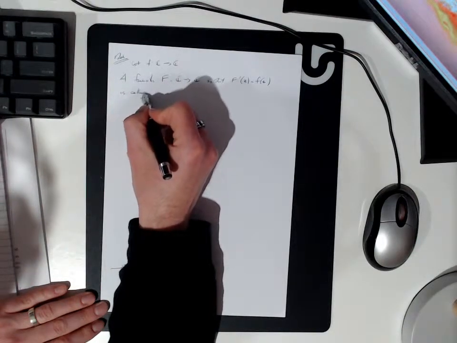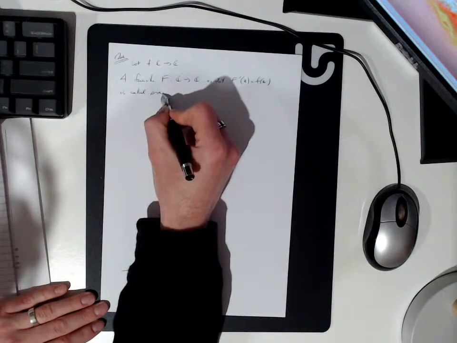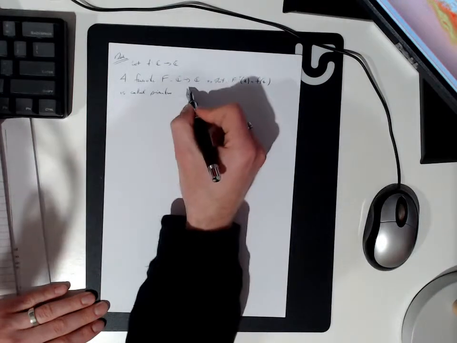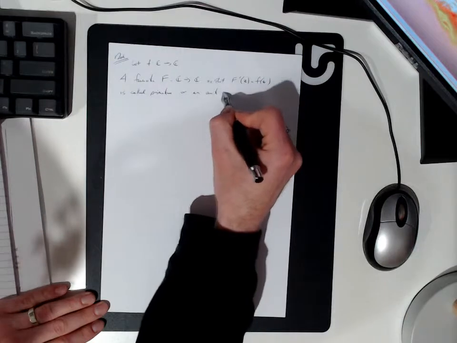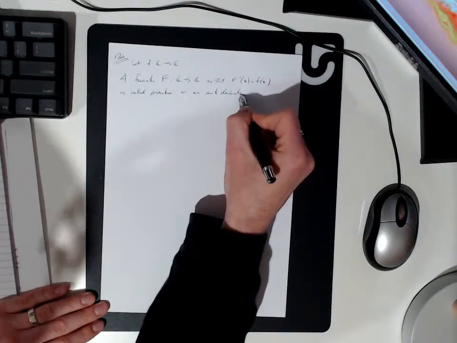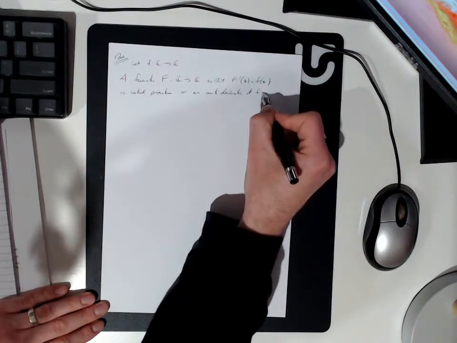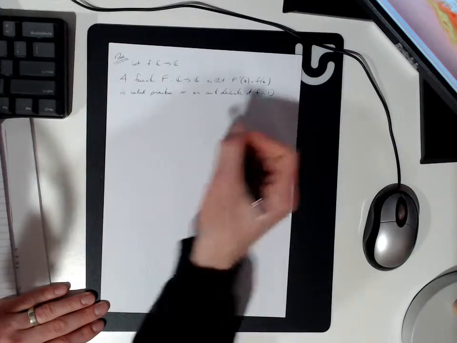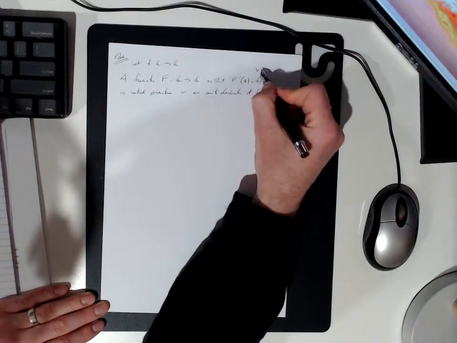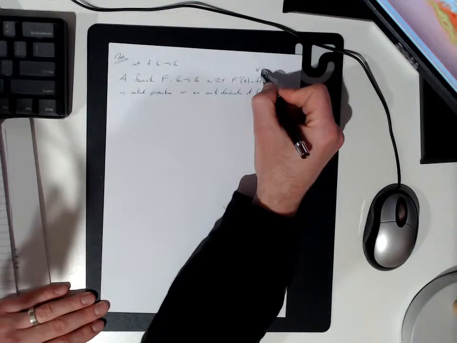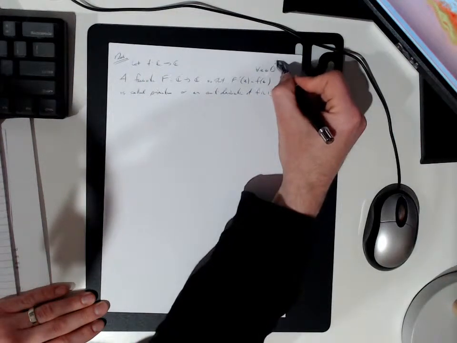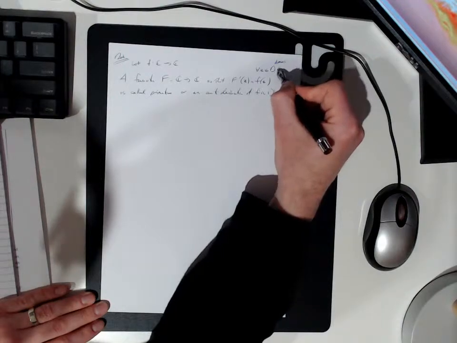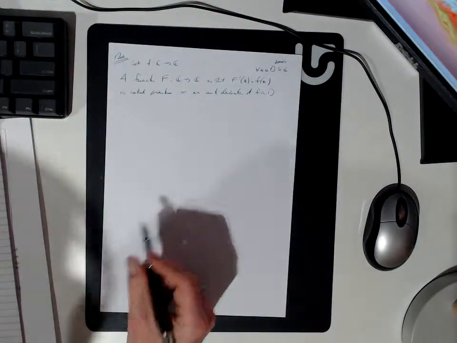Then F is called a primitive, or an antiderivative, of f in D. And this is for all z inside D, some domain inside the complex numbers.